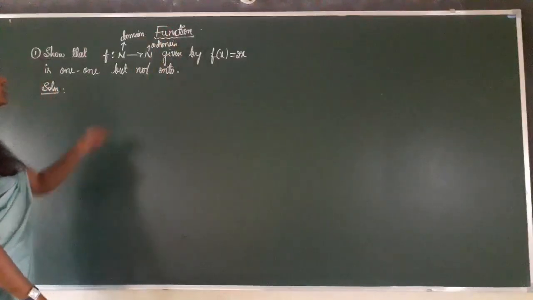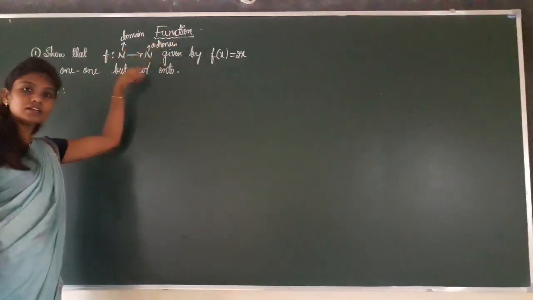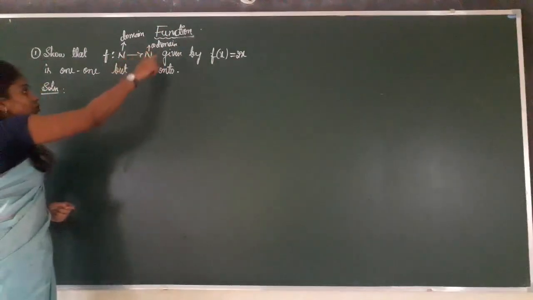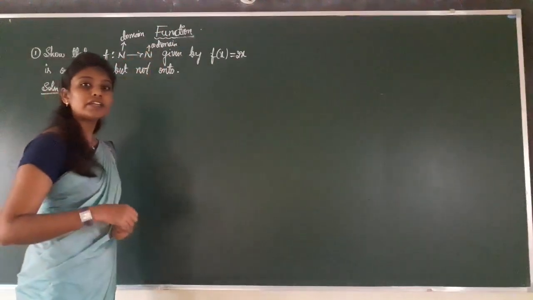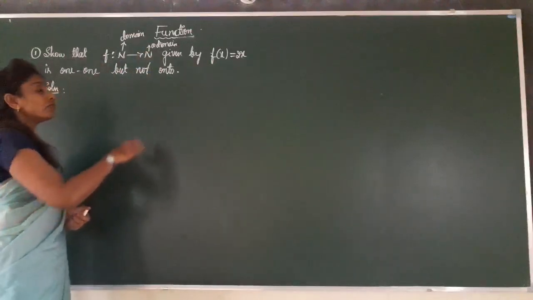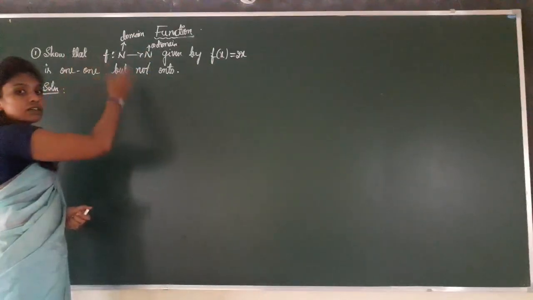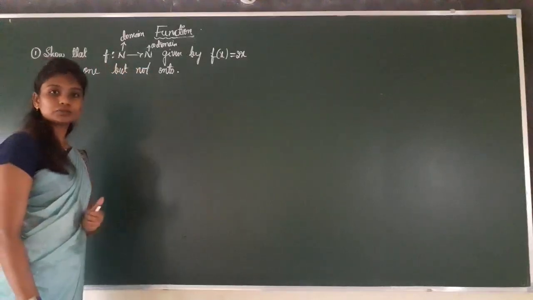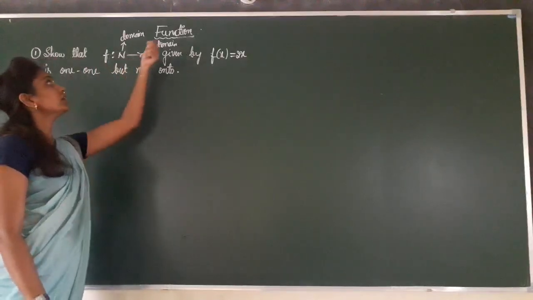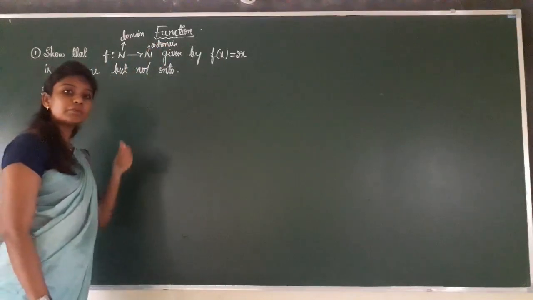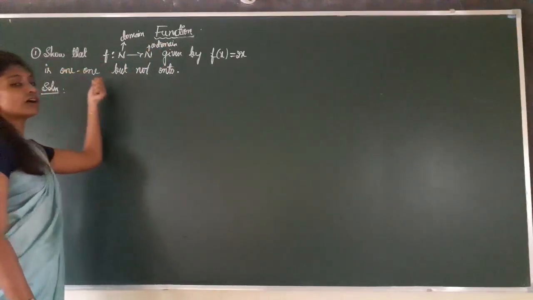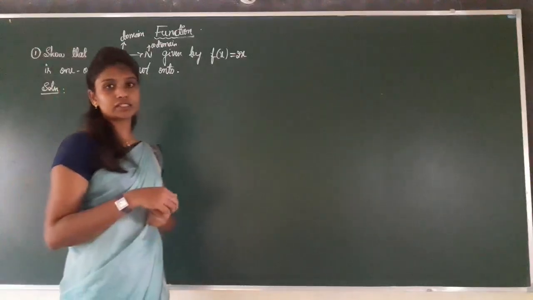The domain and codomain take a very important role while discussing whether the function is one-one and onto.